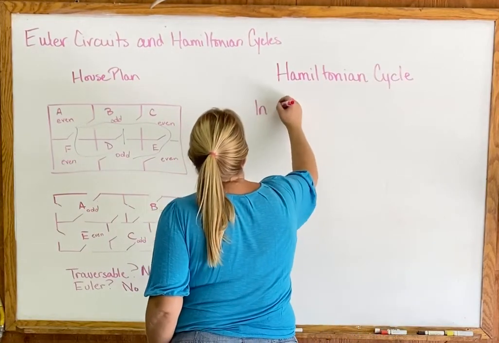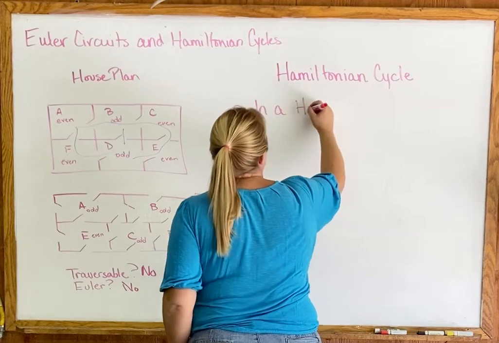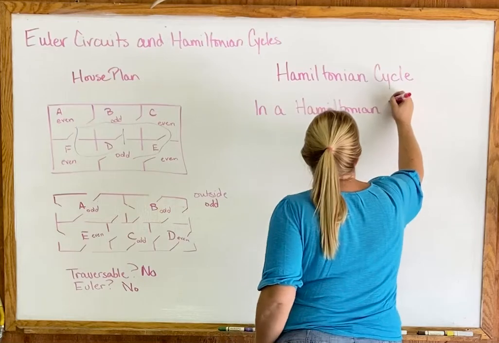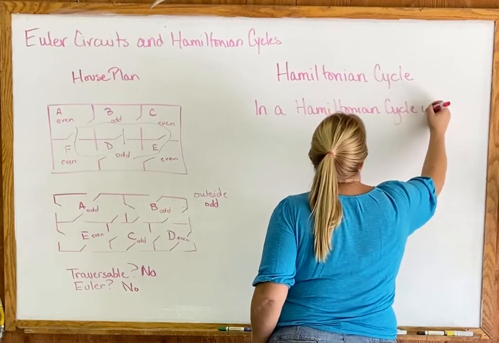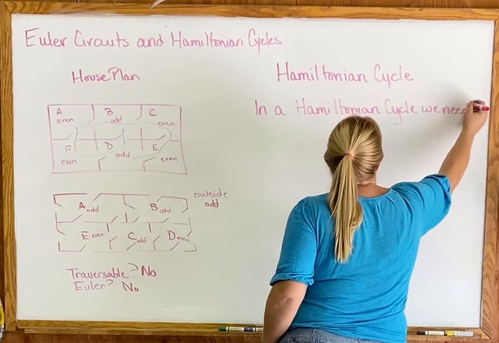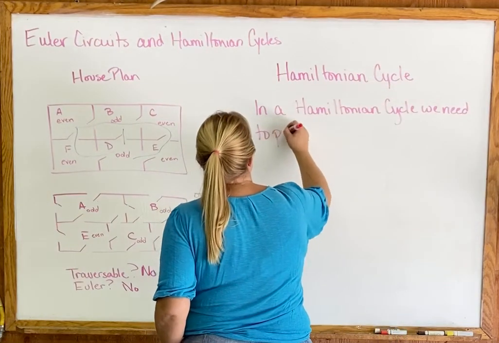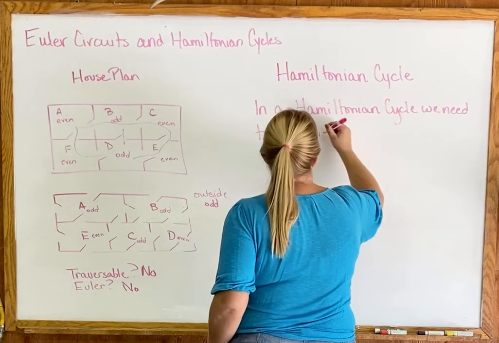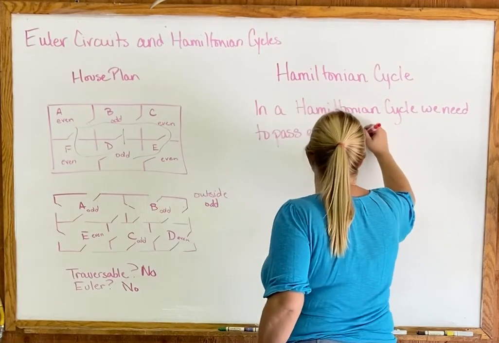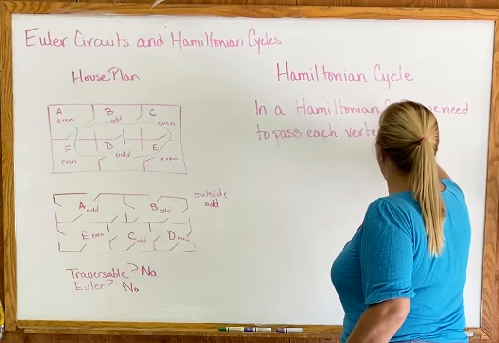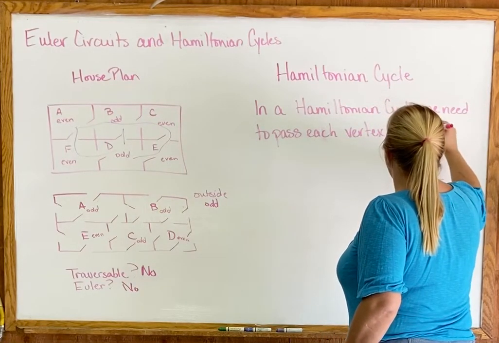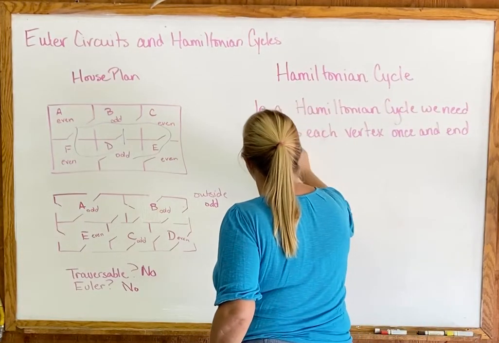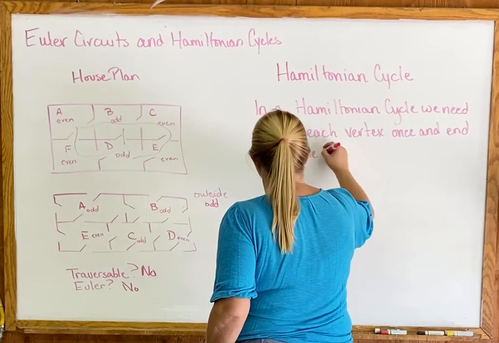And in a Hamiltonian cycle, we need to pass each vertex once and end where we start.